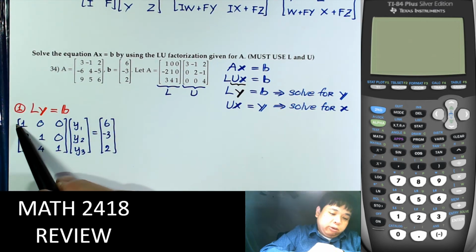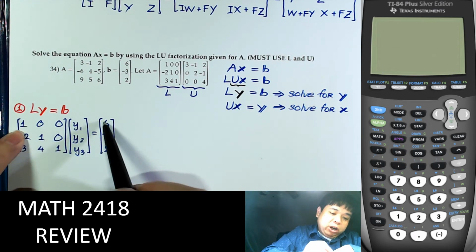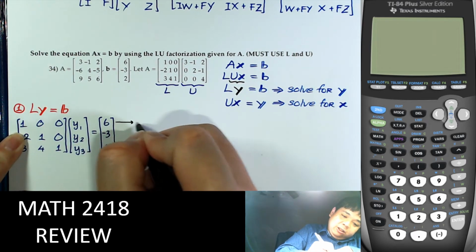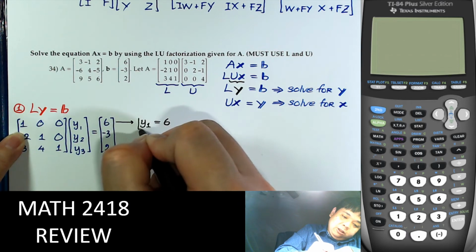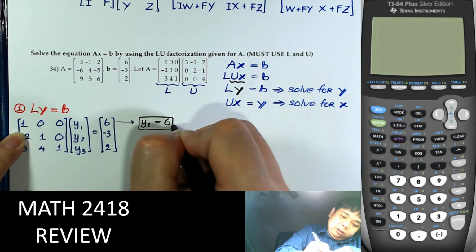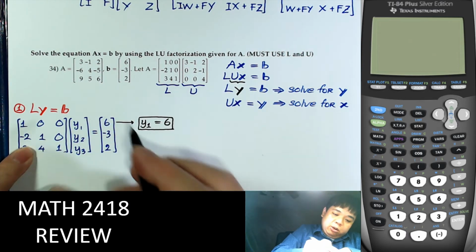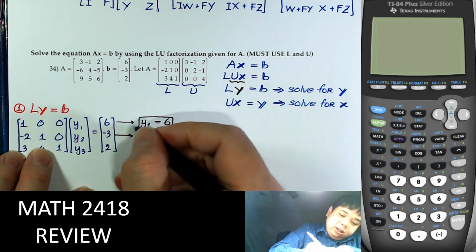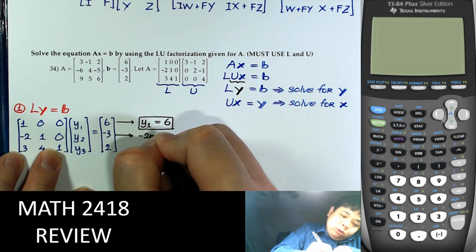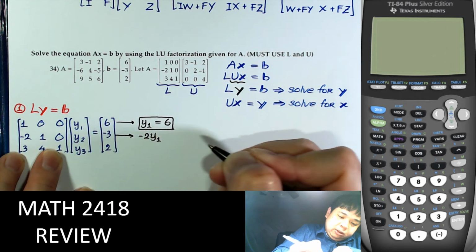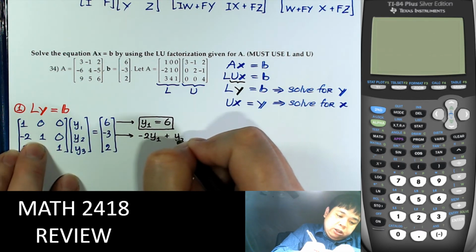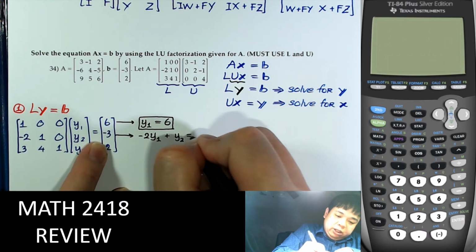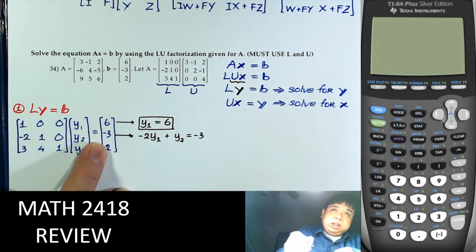Right, so the first one we have is just Y1 equal to 6. And the next equation is negative 2 Y1 plus Y2 equal to negative 3. There's no Y3 here.